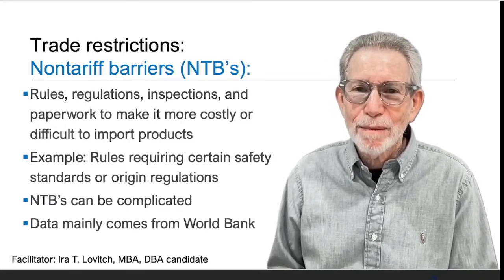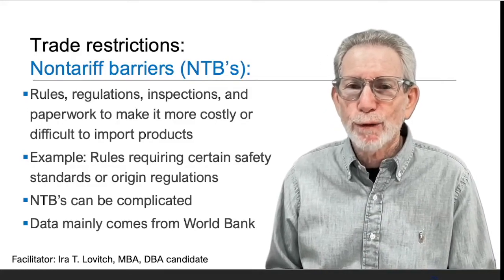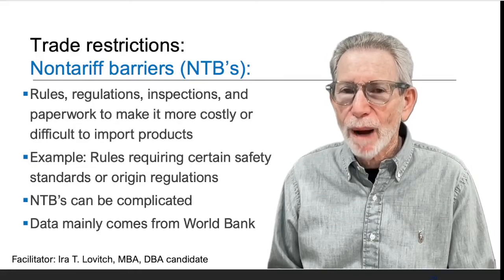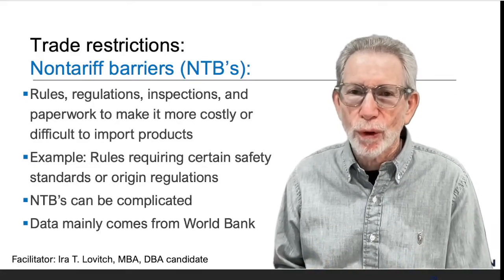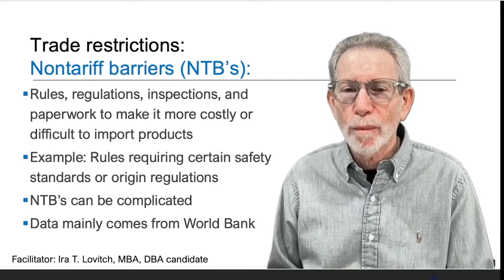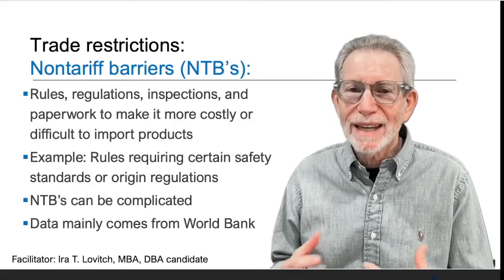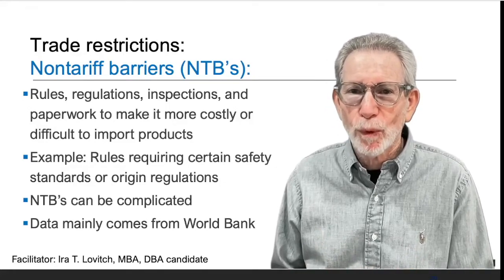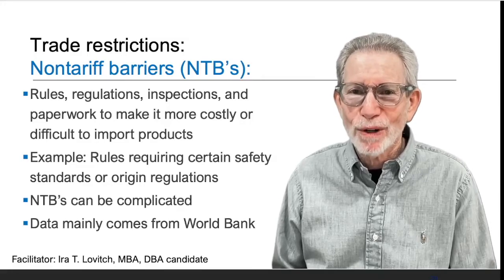And so the NTBs, as I mentioned, can be very complicated. There's many different forms. Some of them are more obvious, some of them are more hidden, and often they're controversial, like one I'll mention in just a moment called subsidies. And so the data for NTBs mostly comes from the World Bank. So let's examine that in a little bit more detail.